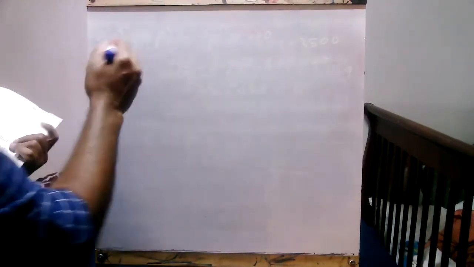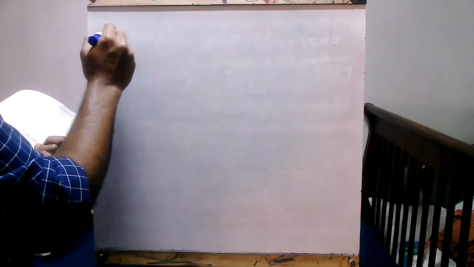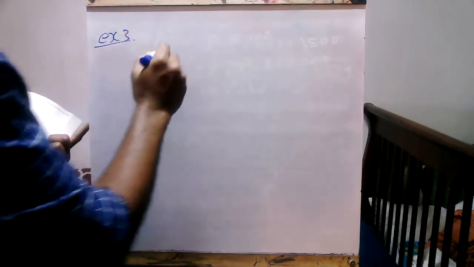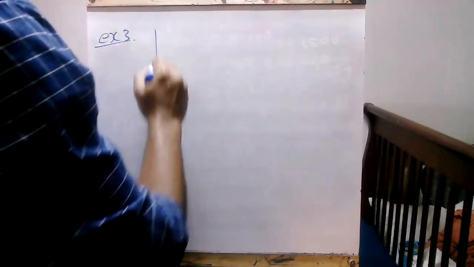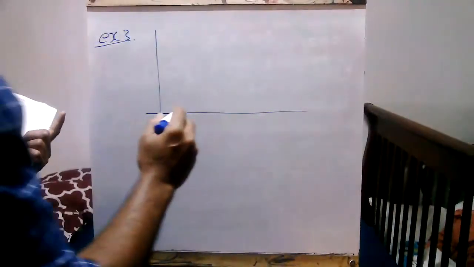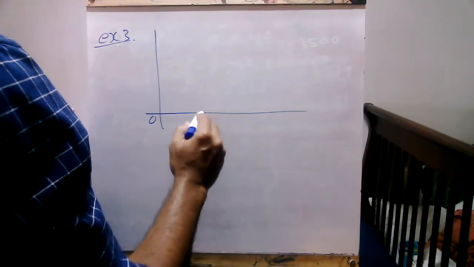Example 3. It gives us a graph. I drew the graph roughly. One, two, three, four.